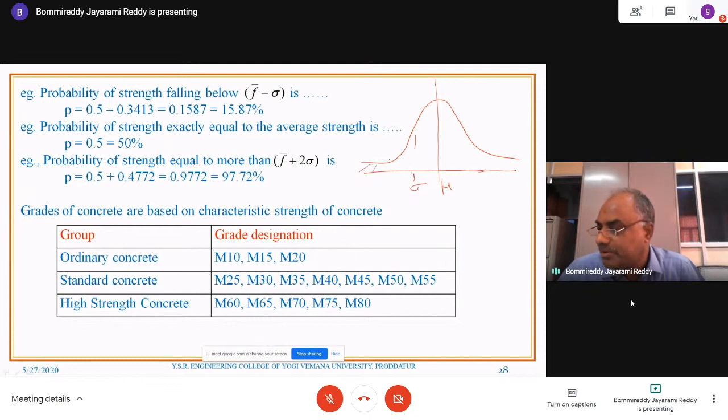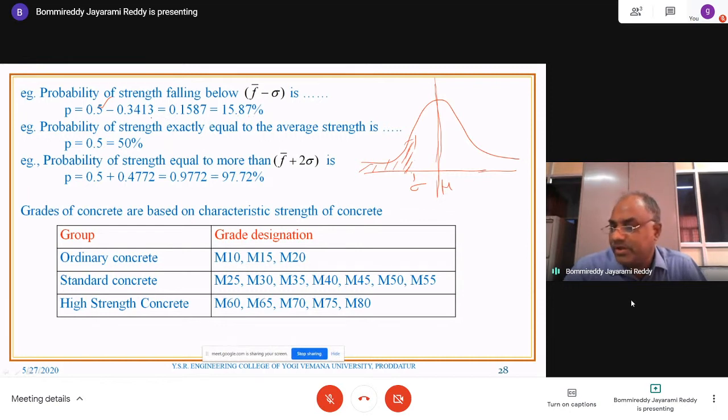So what is the probability of the area below this? Up to the center, it is 50%, 0.5. And what is this particular part? 0.3413, so that it is 15.87%.